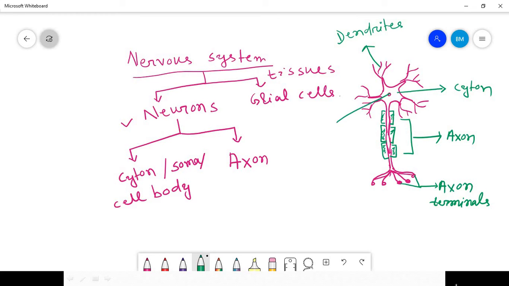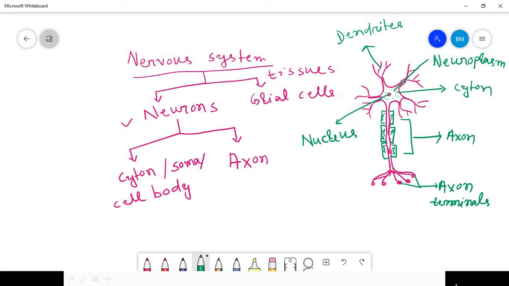Nucleus is present in the cell body. This is called as nucleus. And this cytoplasm present in the cyton is called as neuroplasm. Nissl granules are present here.